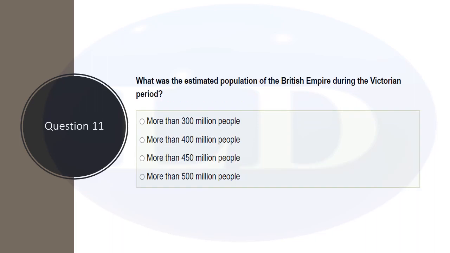Next, what was the estimated population of the British Empire during the Victorian period? Over 300 million people, more than 400 million, 450 million, or 500 million. So the correct answer is more than 400 million people during the times of Queen Victoria.